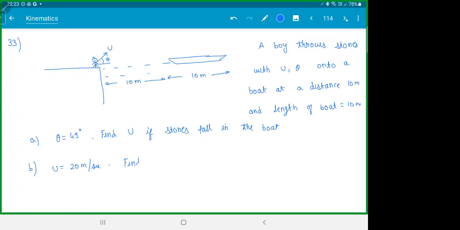Find theta if the stones fall in the boat. So in the first case, your angle is constant, but you can throw with any speed you want. In the second case, you're throwing with a constant speed, but the angle you can change. Let's get this.